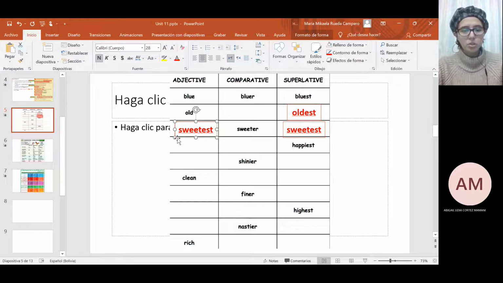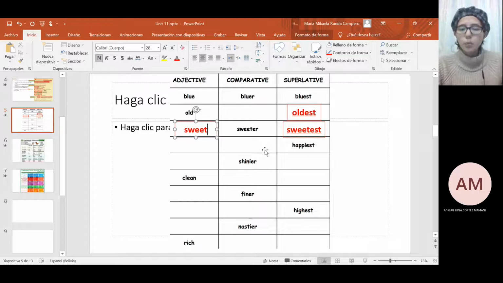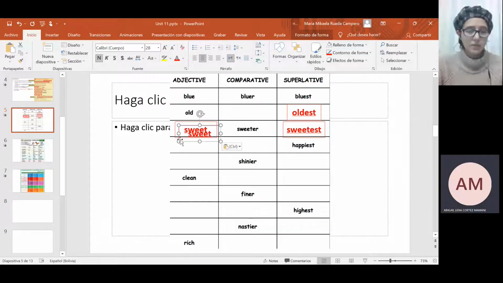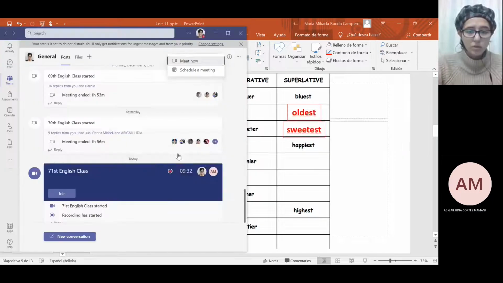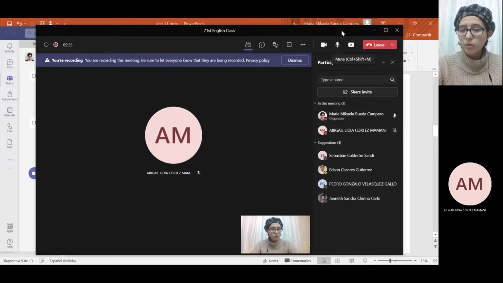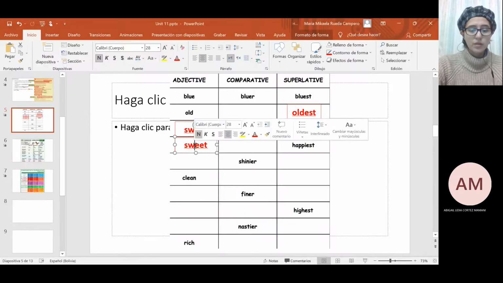Or probably a chicheiru or guapuru. Yeah, it could be. What about the next one? So we only have the superlative adjective. What could be the adjective if we have happiest? Happy. Perfect. So let me check if we have more. No, you're the only one. Okay. So let's continue doing this.